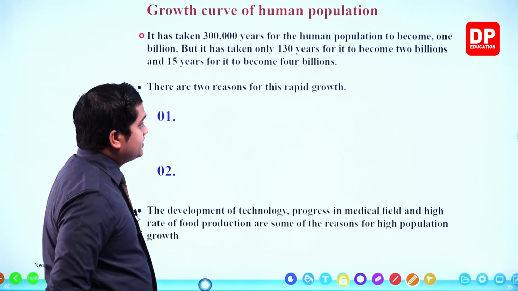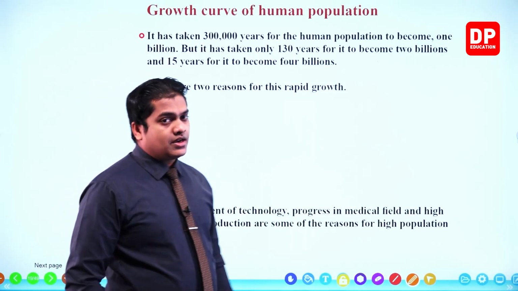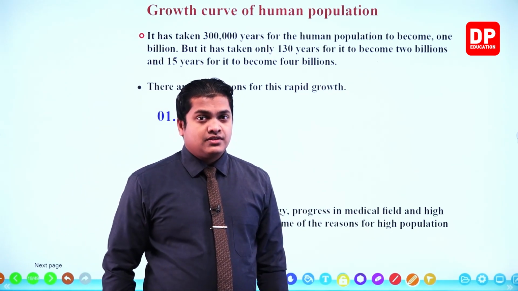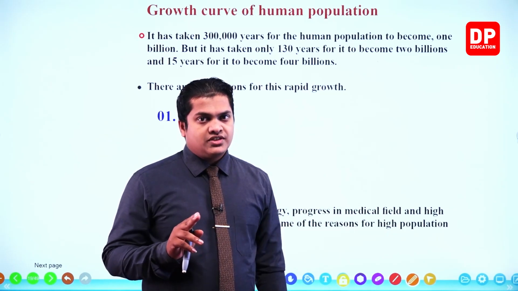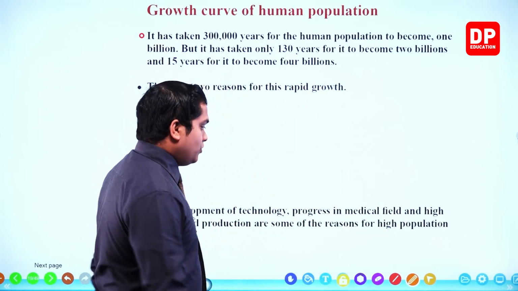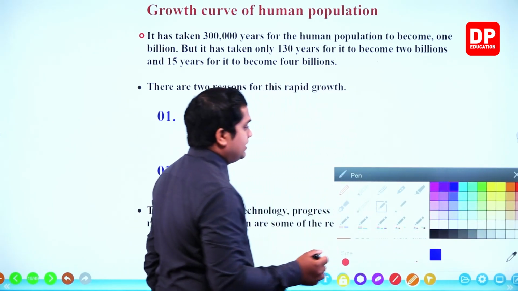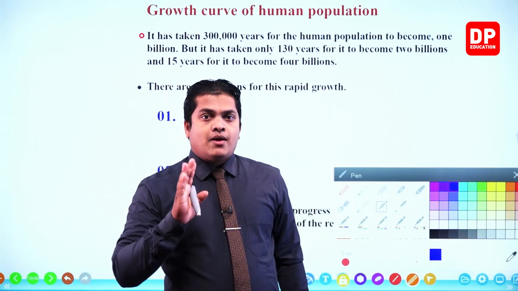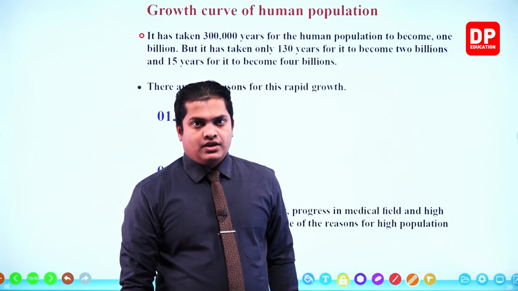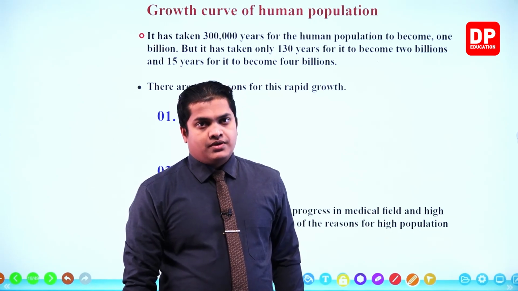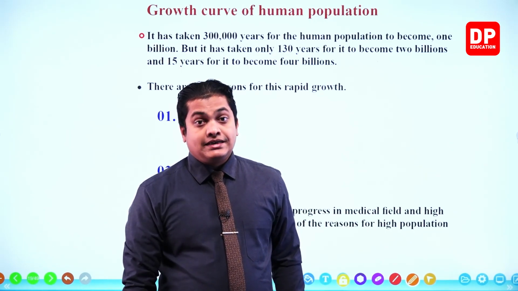See, only 15 years. So there are 2 main reasons for this rapid growth. You know that in order to grow heavily like this, definitely the number of births should increase. And also there should be another one: the deaths should decrease.